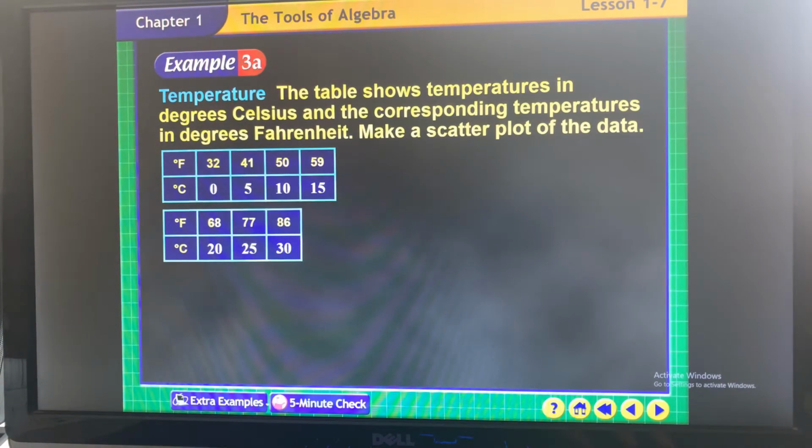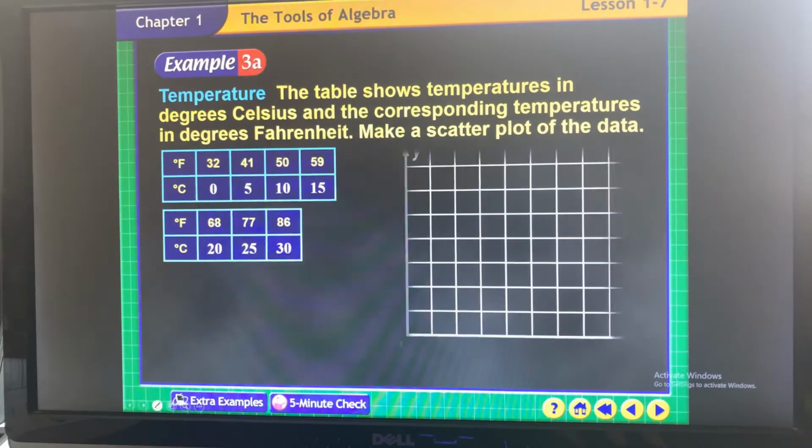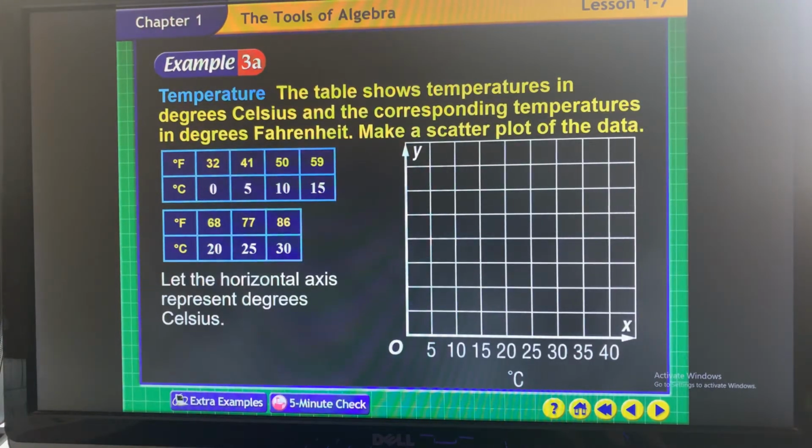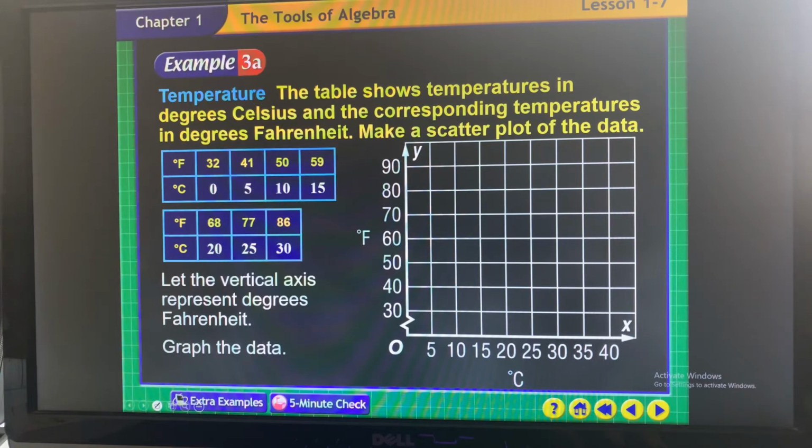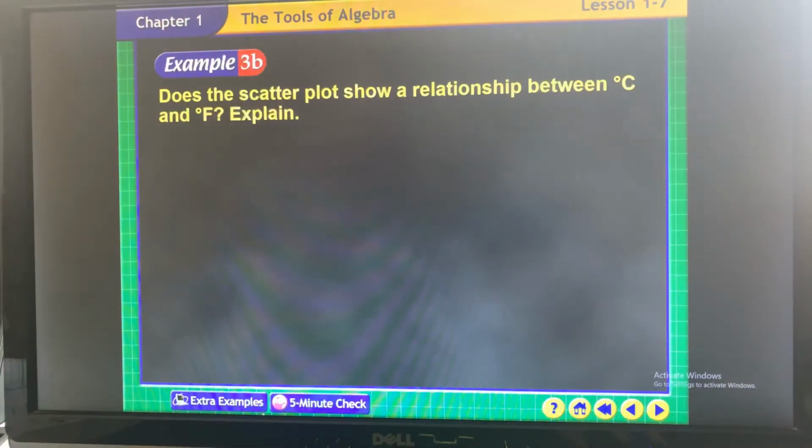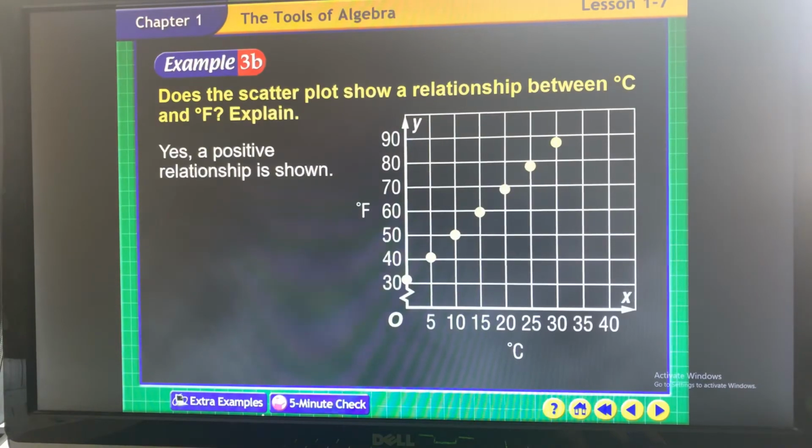This shows Fahrenheit and Celsius. Is there a correlation? Yeah, because they're one and the same thing, but they're just in different types of units. One's United States and one's Canada. Definitely a correlation, definitely linear, definitely positive. I already said that.